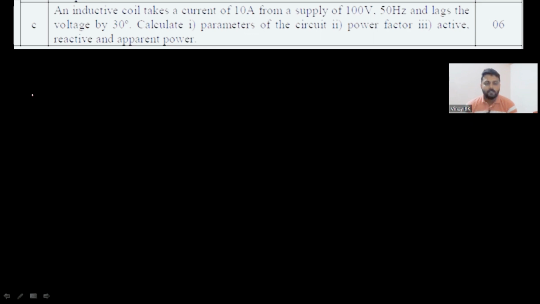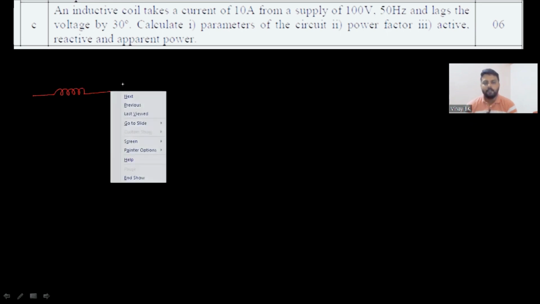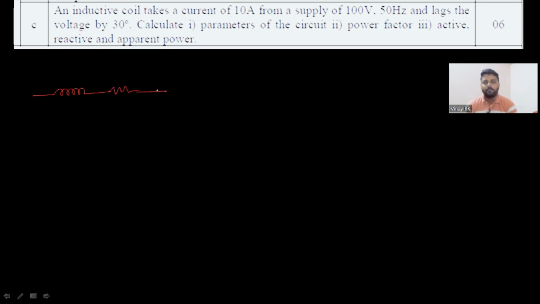An inductive coil is nothing but an inductance with a small internal resistance, so it will have L and R across the supply voltage V. This inductive coil takes a current of 10 amperes, so I equals 10 amperes, and it has a voltage of 100 volts and a frequency of 50 hertz.